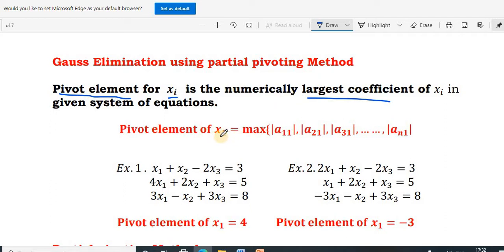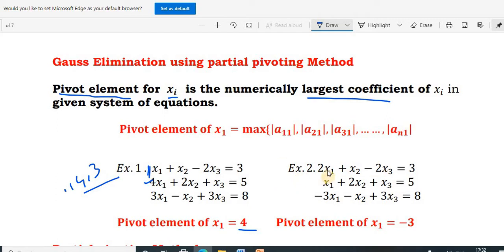So the pivot element for x1 is the maximum of mod of a11, mod of a21, mod of a31. In the first system, the coefficient of x1 in the first equation is 1, in the second equation it is 4 and in the third equation it is 3. So the maximum number out of 1, 4 and 3 is 4. So 4 is the pivot element.